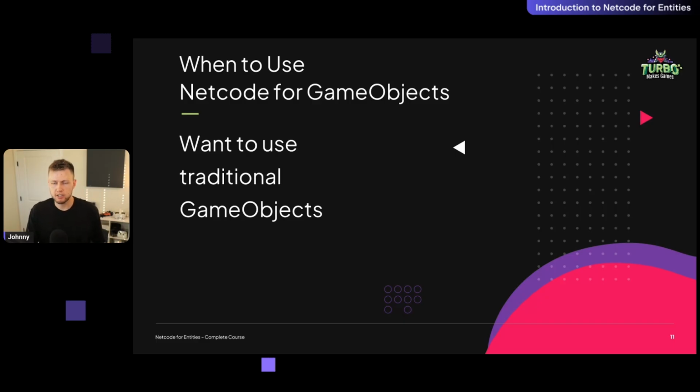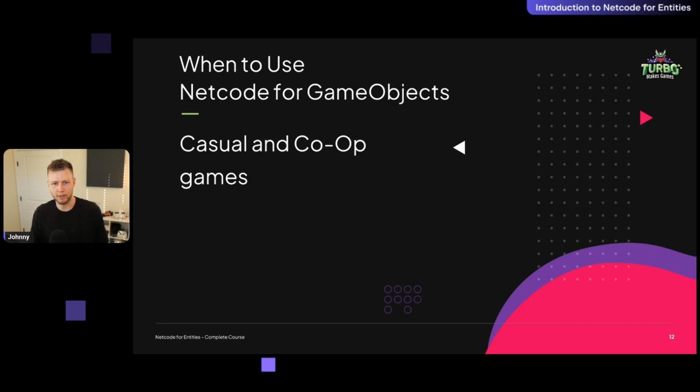If you're not super comfortable with Unity ECS yet, maybe I would still encourage you to look into it a little bit because I think ECS is really cool and a great way to make games in general. But if you're really set on using game objects, then Netcode for Game Objects is the way that you go.